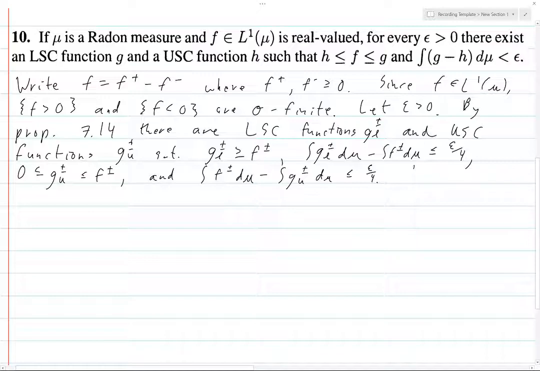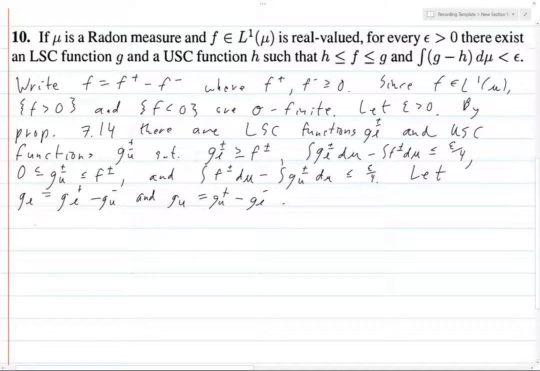Okay, so now we are going to define new functions. GL is going to be GL plus minus GU minus, and GU to be GU plus minus GL minus. And if you haven't guessed, this GL is going to be our lower semi-continuous function g, and GU is going to be our upper semi-continuous function h.